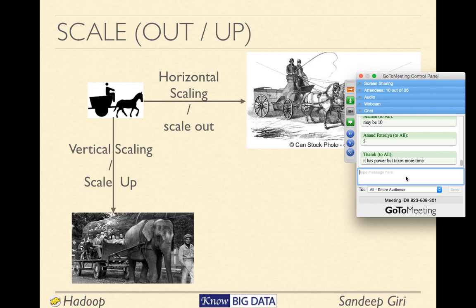Anyway, coming back to the analogy, if you do the horizontal scaling, you can add more and more horses and have more resilience. Meaning, if tomorrow you don't need to carry that much load, you can remove a few horses and still be happy.